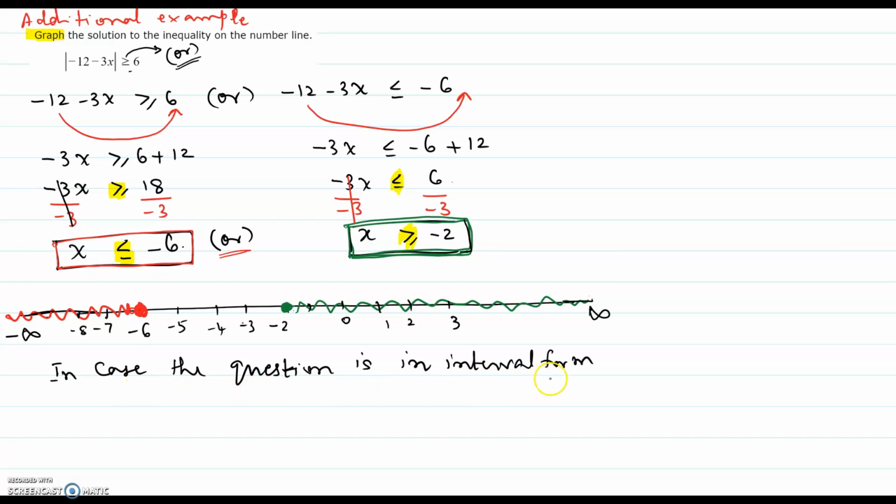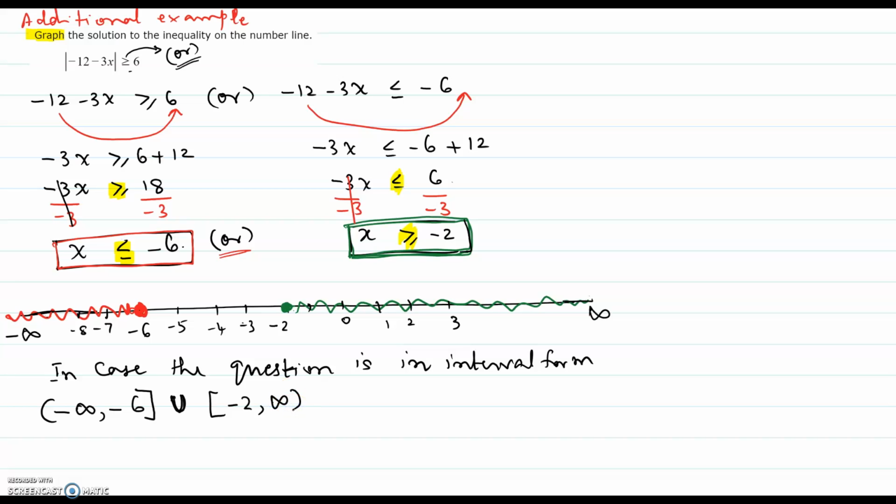In case the question is in interval form, the answer must be written in interval form. Then the way you would write it is negative infinity through negative 6 inclusive. Because of the word or, that will translate to the union notation, then all to the right of negative 2, so negative 2 through infinity.